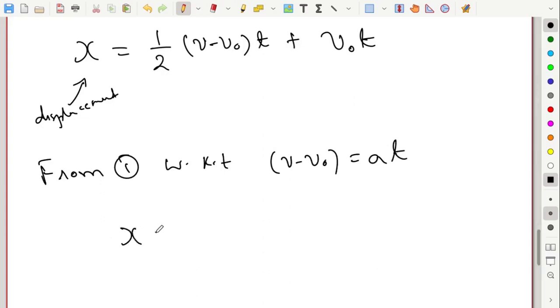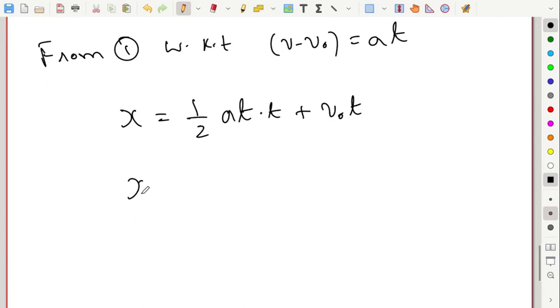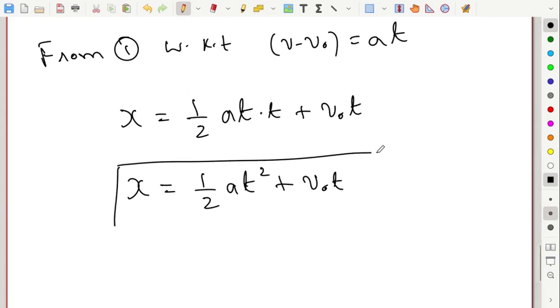Therefore x equal to of at, and there is t already. Therefore the second equation of motion becomes x equal to of at square plus v naught t. Okay, so this is the second equation of motion, equation 2.